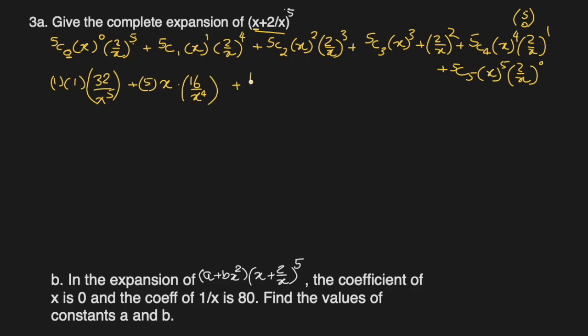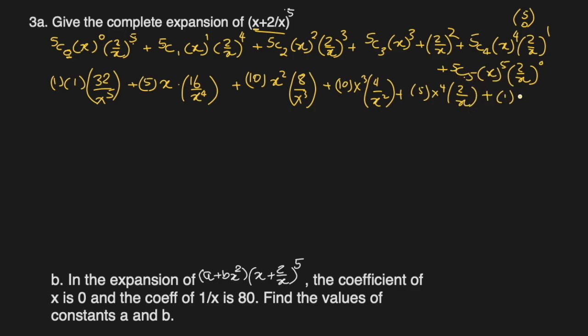Then we have 5c2, 10, x is square, and 2 cube is 8 over x cube. Then 5c3 is also 10, x cube over 4 over x square. 5c4 is just 5, x to the power 4, 2 over x. 5c5 is also 1, x to the power 5 is x to the power 5, and anything power 0 is 1.